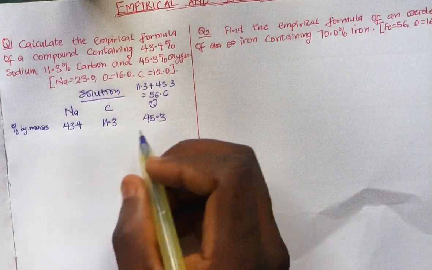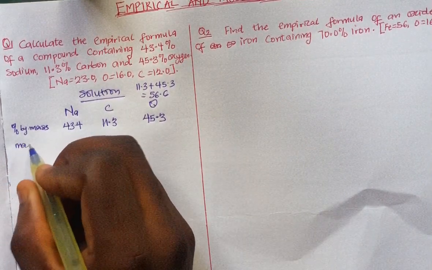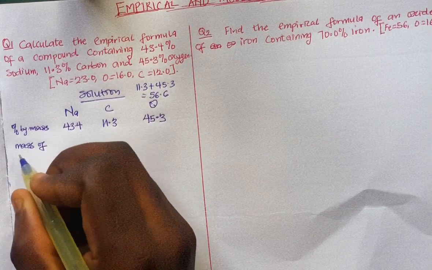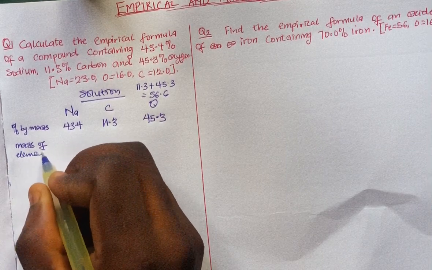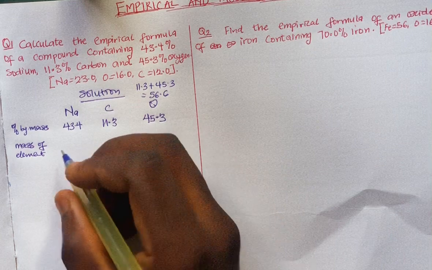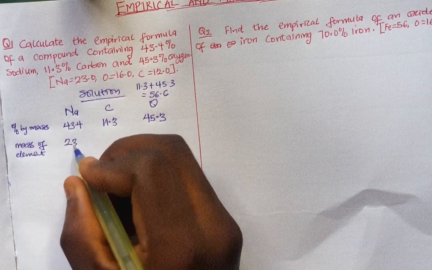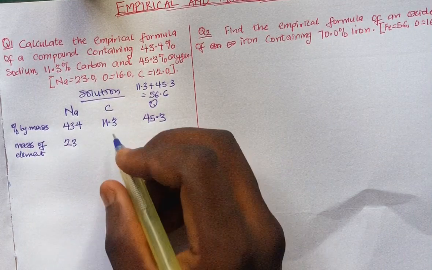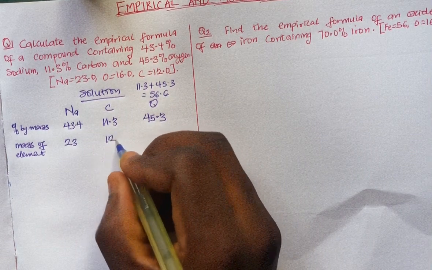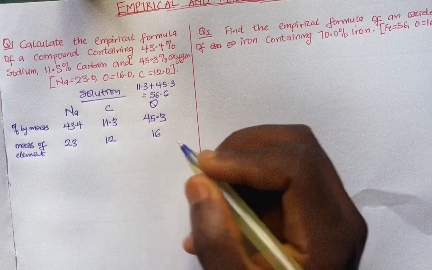Then we need to write the mass of each element. The mass of sodium is given as 23.0, the mass of carbon is 12, and the mass of oxygen is 16.